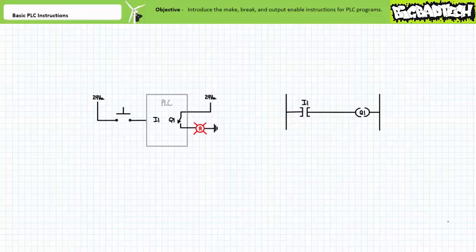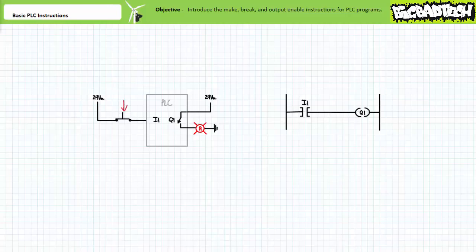First, when the field input device is in its deactivated open state, and again when it is in its activated closed state. When the field input device is in its deactivated open state, input 1 is receiving a logical 0. Being a make instruction, this means the PLC program does not permit logical continuity from left to right, and the output remains de-energized.